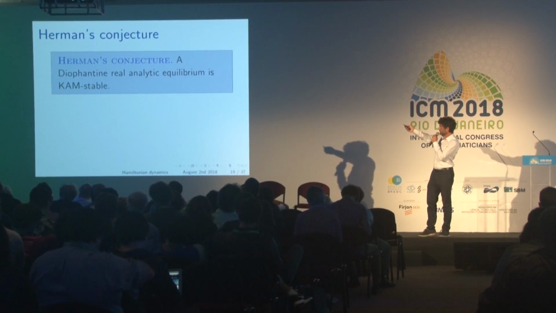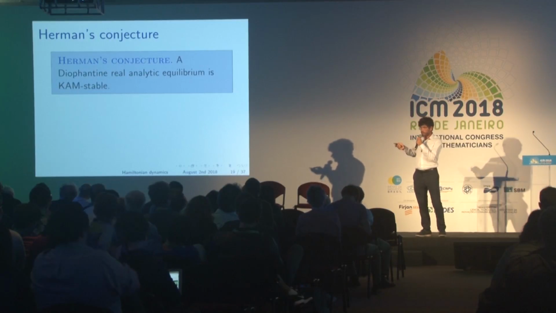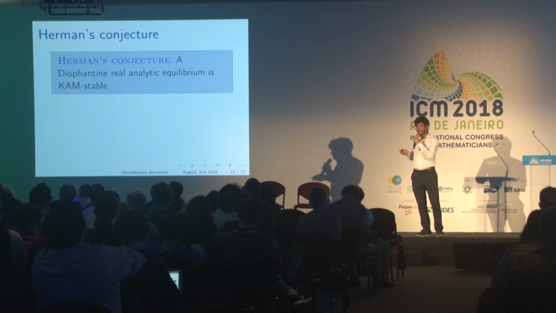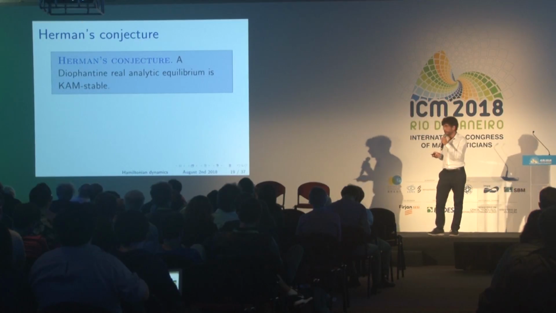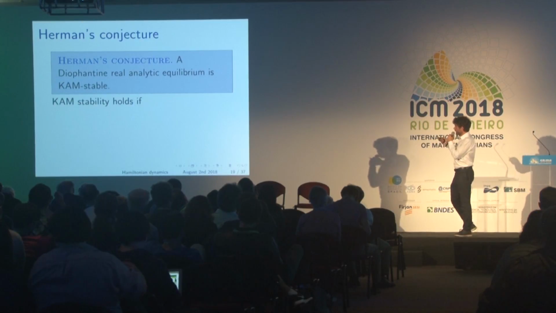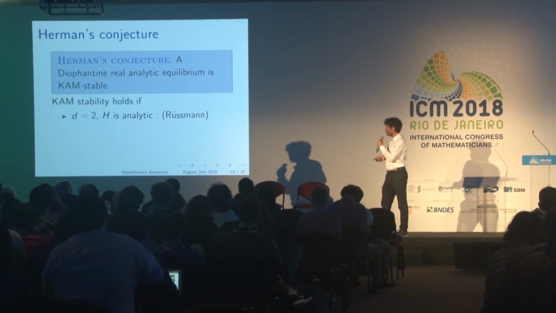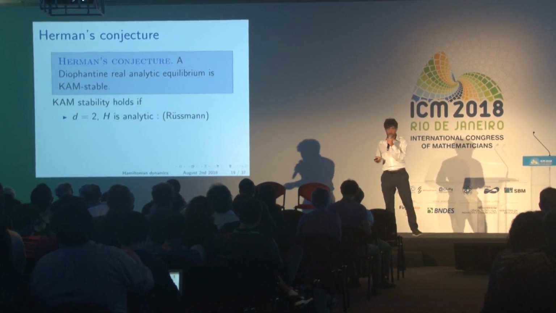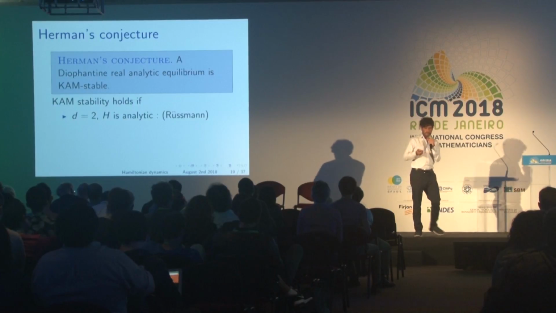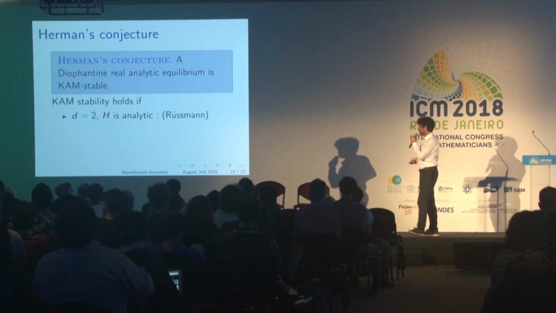So the strength of this conjecture is that you don't assume any non-degenerate condition on the Birkhoff form. Okay? This KAM stability does hold for analytic systems in dimension 2, in 2 degrees of freedom. This was proven by Rüssmann.